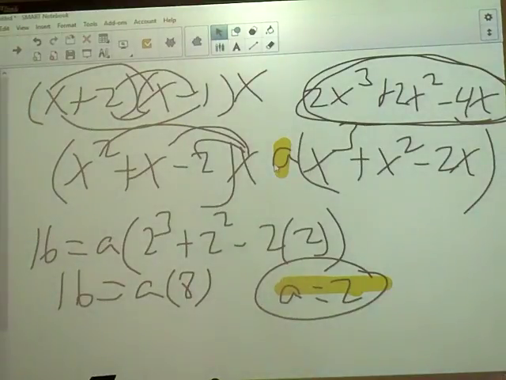Alright, 7. I was back on the calculator again. It tells you to use it, and that is the easiest way on it.